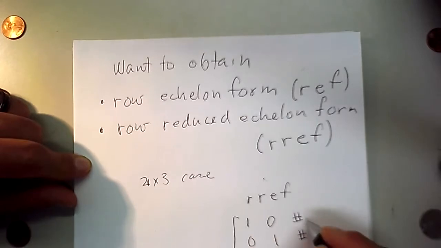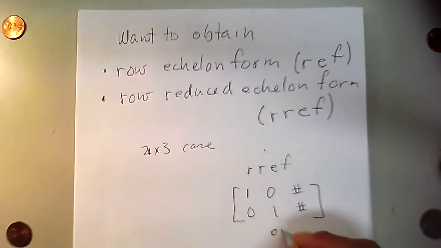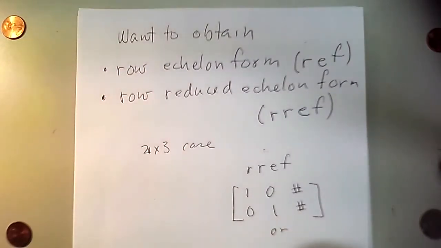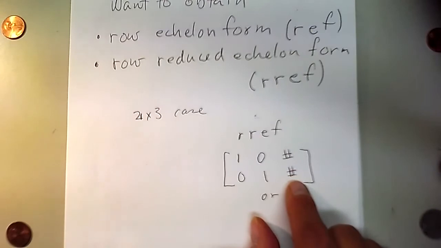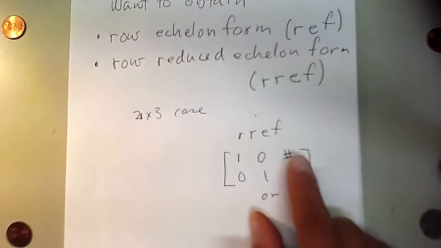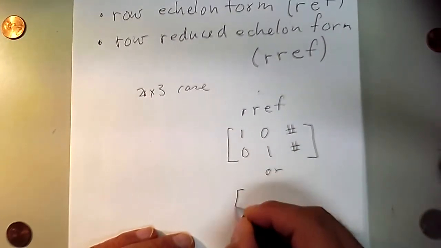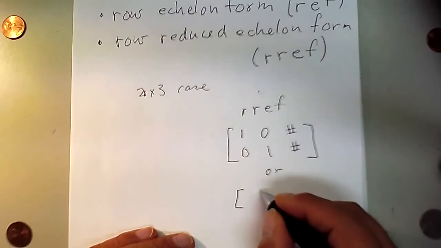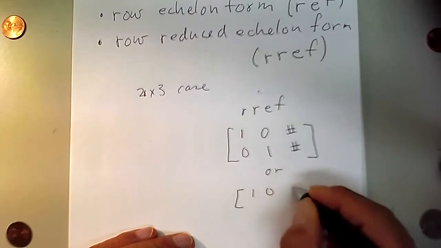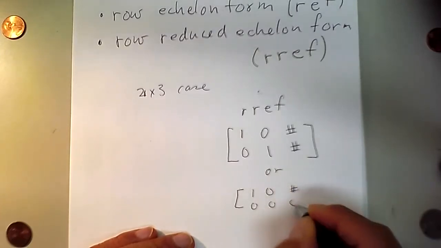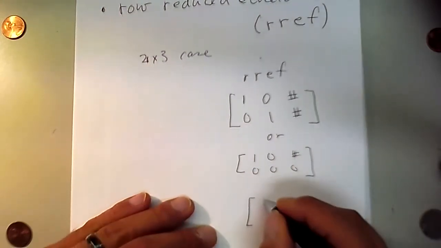Those numbers are not necessarily the same number. Those numbers, by the way, could potentially be 0. A number could be any number, though I'm using that symbol for any number. There's actually a couple different ways. We could have 1, 0, number, 0, 0, 0. That also counts. And I believe we could have 0, 1.